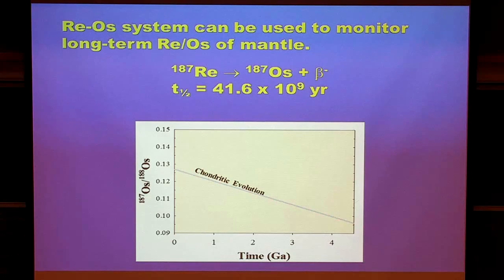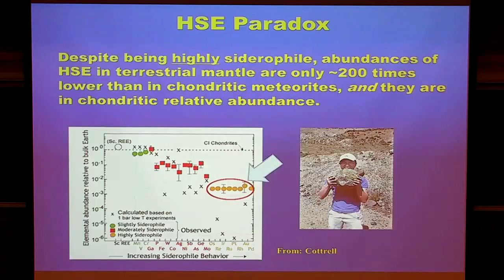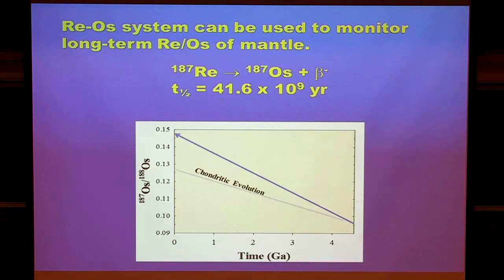And this is how we believe the mantle has evolved. Okay? There is finite uncertainty in chondritic evolution. We can talk about that later on. But by and large, what we're going to look at in our calculations later on, if this were to actually work, there we go.